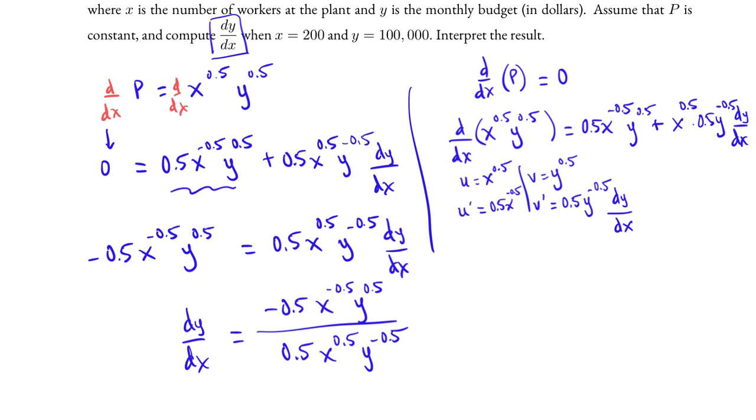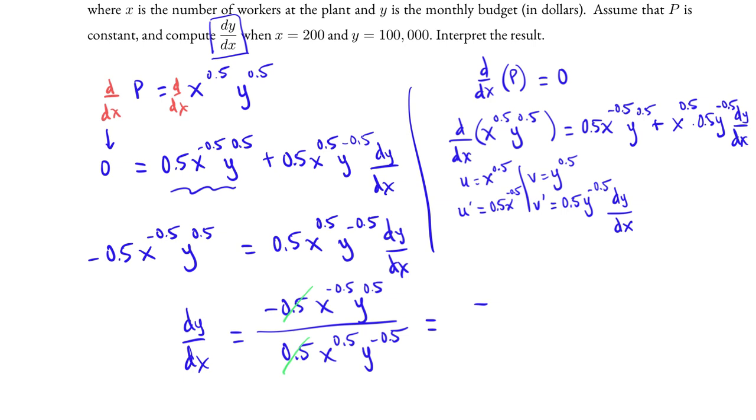We then simplify 0.5 over 0.5, and we bring the x to the negative 0.5 to the bottom, and we bring y to the negative 0.5 to the top, meaning we rewrite this expression without using negative exponents. The entire expression is still negative though.